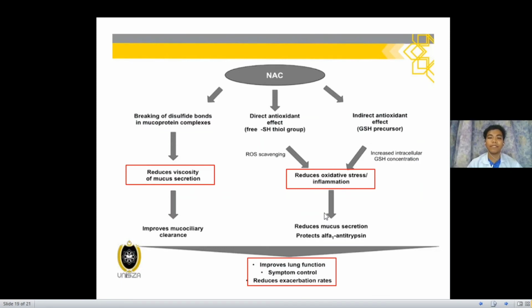This is the picture for the mechanism of NAC. You can see that NAC can reduce the viscosity of mucus secretion and also reduce the inflammation. And these two effects give the end effect, which is improved lung function, symptom control, and also reduced exacerbation rate.